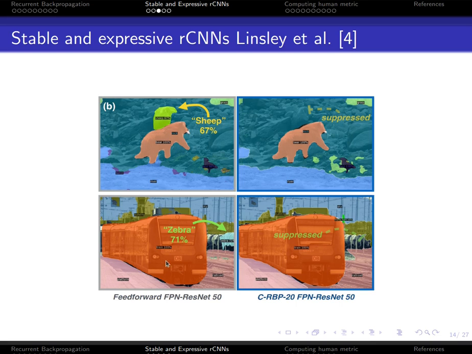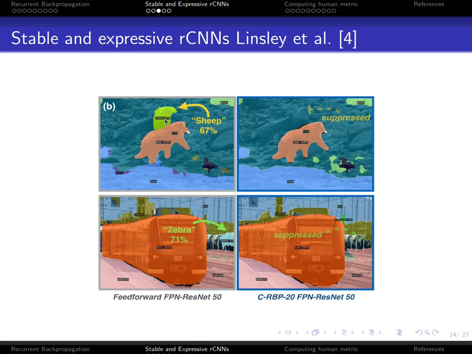In their results, they compare the feed-forward version of the ResNet 50 with the version that implemented the contractive recurrent backpropagation algorithm that they are proposing with the Lipschitz coefficient penalty. With the feed-forward version, with the same input, you always have one shot to get the output, right? So it's fixed. You don't have a dynamical system.